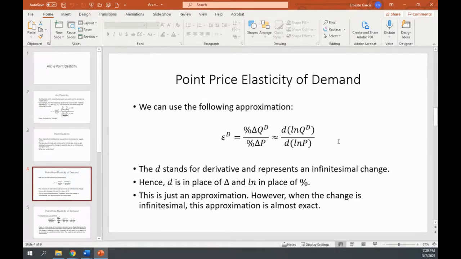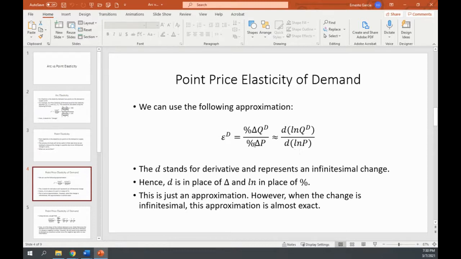This is pretty well known in math and statistics. We're used to this percentage change formula: percentage change in quantity demanded over percentage change in price. That can be approximated by the derivative of the log of quantity demanded with respect to the log of price.